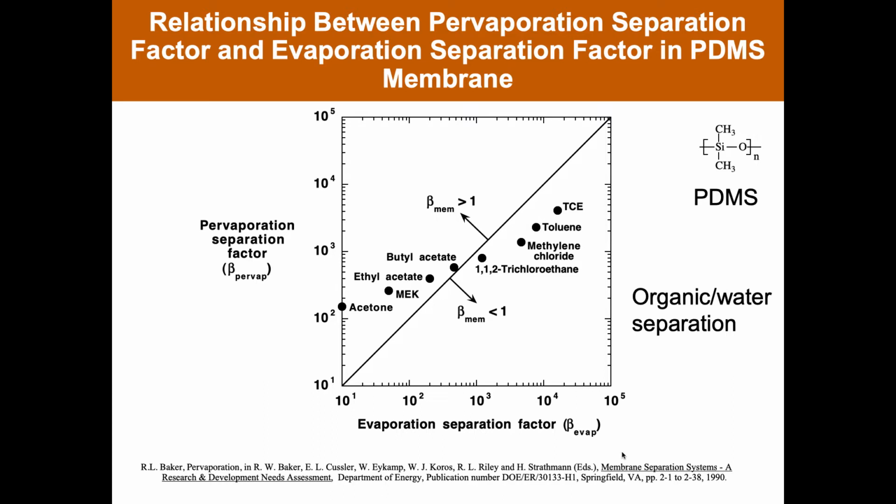And so this is showing for a silicone rubber membrane a correlation of the pervaporation separation factor with the basically vapor liquid equilibrium saturation separation factor. And there are regions where the membrane helps or works in the same direction as the evaporation separation factor, and then there are regions where it is not so helpful.